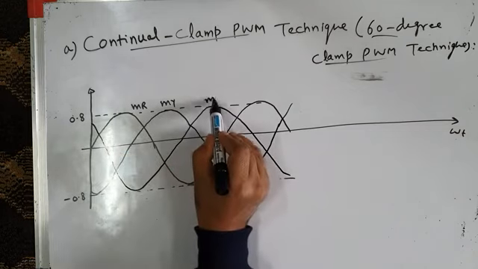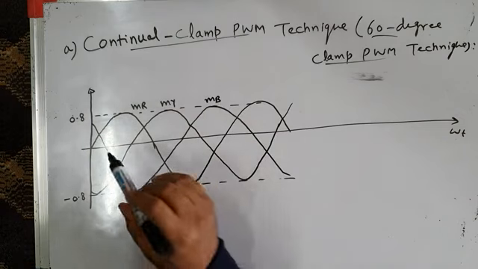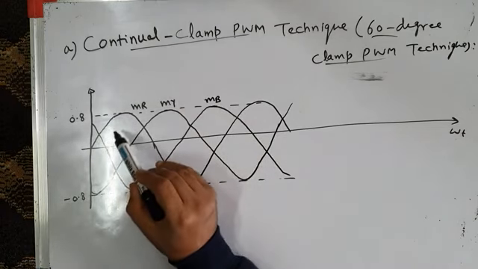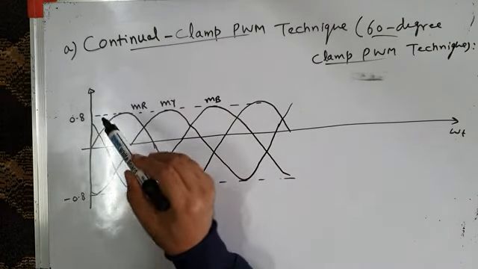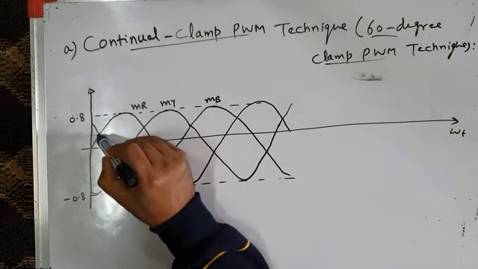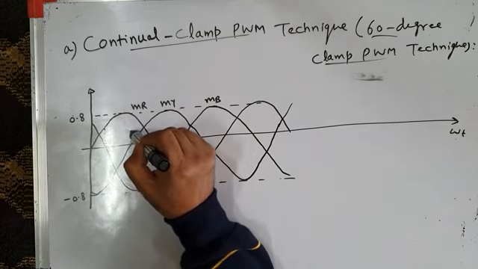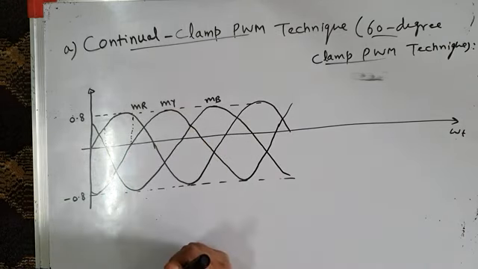This is MB. So these are my three modulating waves. Now we can very clearly see that this modulating wave MR has its maximum peak from, see, this is 30 plus 30, 60 degrees, to this 120 degrees. 60 degrees to 120 degrees, maximum peak.